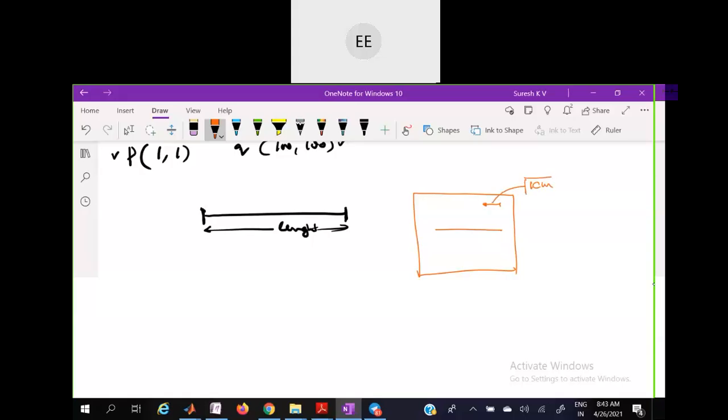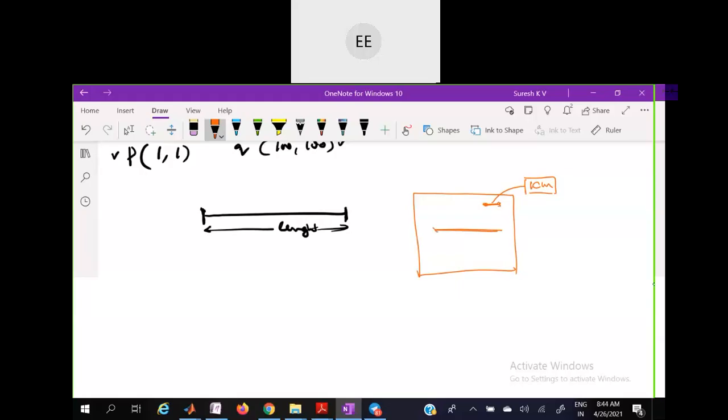This is for calibration. Now capture this image, with the pen kept horizontally, because I want one of the coordinates to be 0. So this is a line of length 1 centimeter.